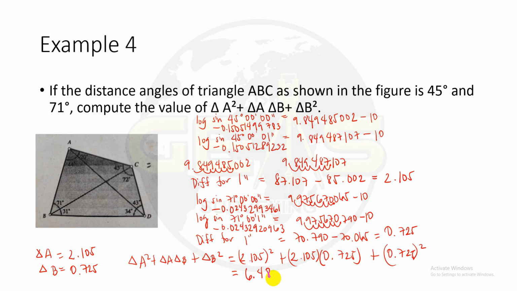So the value of delta A squared plus delta A, delta B plus delta B squared is 6.48.